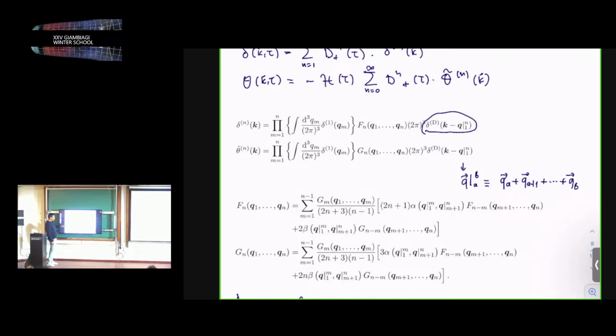And here I'm showing the recursion relations for F and G, where basically the Fn kernel, so nth order in perturbation theory, and Gn, which is also nth order in perturbation theory, are written in terms of the lower order perturbation theory kernels. The reason why such recursion relations exist is related to the fact that you can solve these equations of motion by using lower order solutions to calculate higher order solutions.